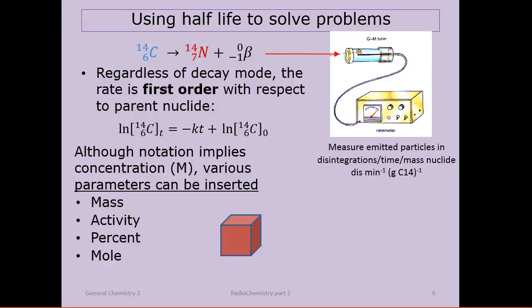And again, this is because of that intrinsic property of carbon: the activity is dependent on the number of atoms that are present that are undergoing decay. And certainly concentration would work if you had some sort of radioactive particle or nuclide that was actually suspended in solution.